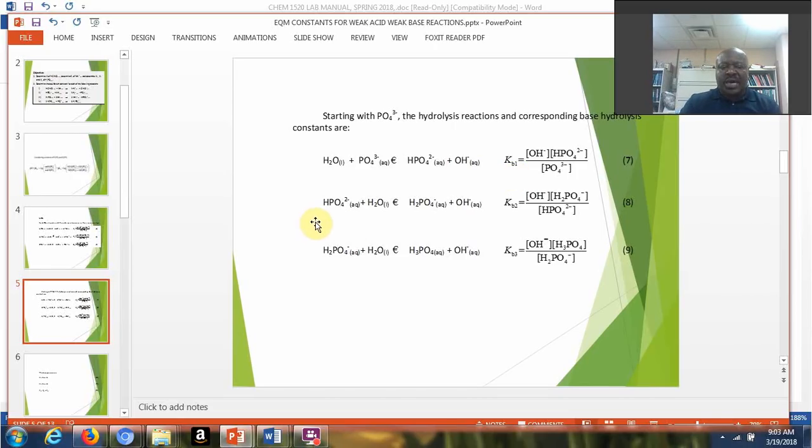Then the next one will be Kb2, forming H2PO4-, and the third one will be Kb3. And Kb1 is bigger than Kb2, which is bigger than Kb3.